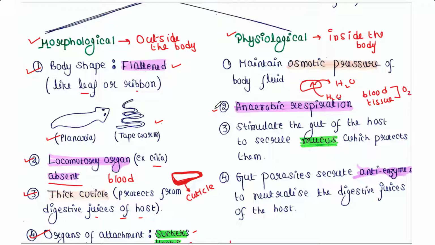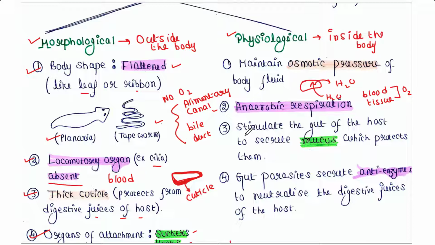But when they are in the alimentary canal or in the bile duct, at those times they will not get much amount of oxygen. So what will they do? They will respire anaerobically. So they have adapted this anaerobic respiration too.